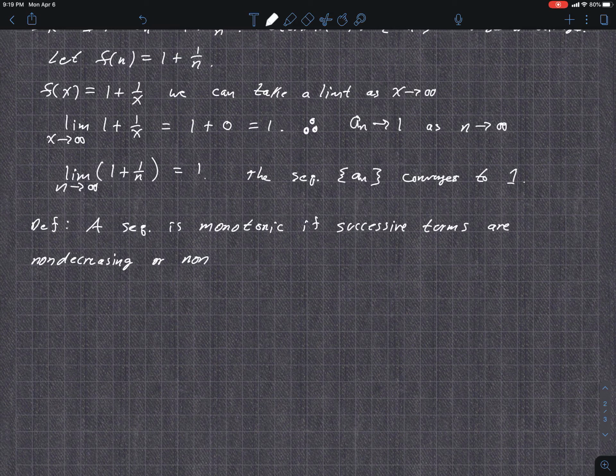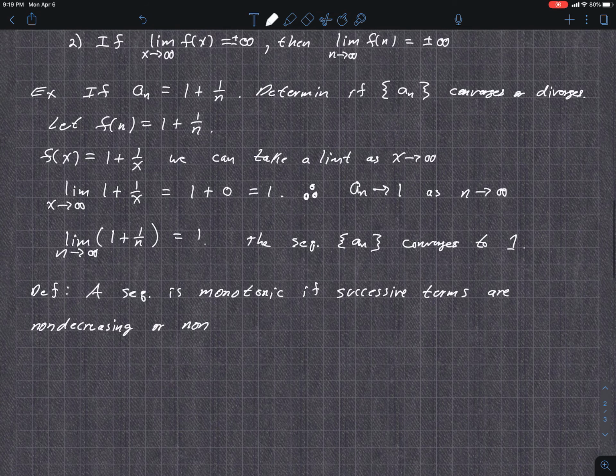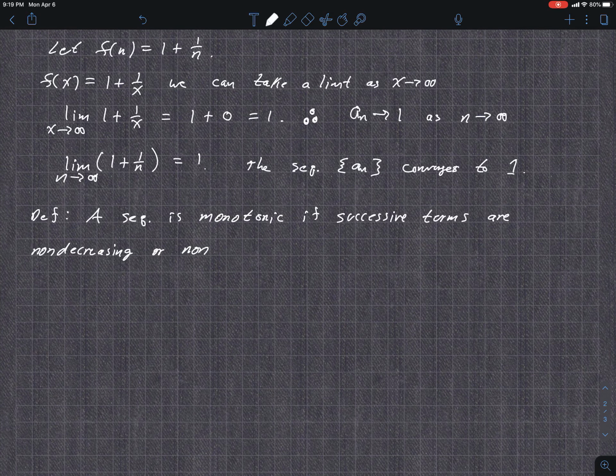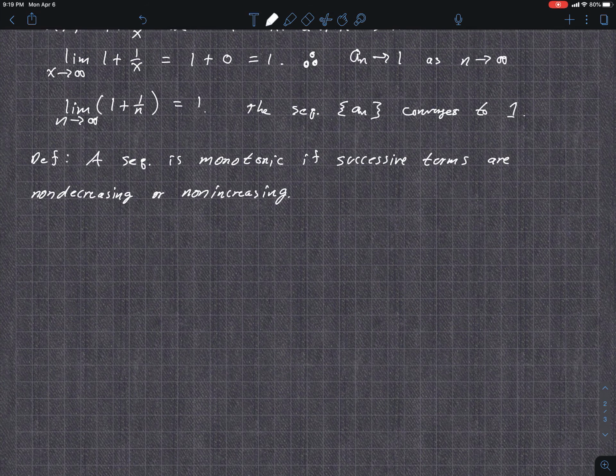So a monotonic sequence would be a1 is less than or equal to a2 is less than or equal to, and it continues like that indefinitely.